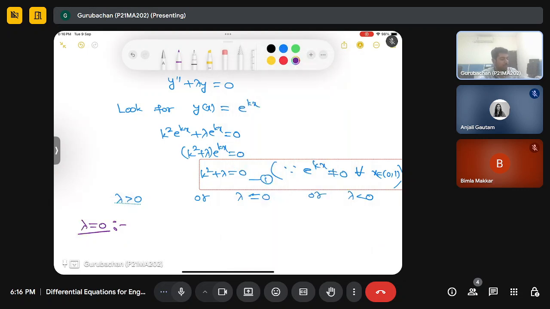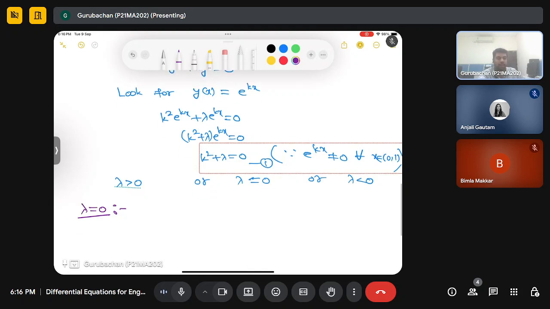So lambda equal to 0, this is the first case. So what will happen in case of lambda equal to 0? So this equation 1 will imply k square will be 0. That means both the roots are 0, 0.